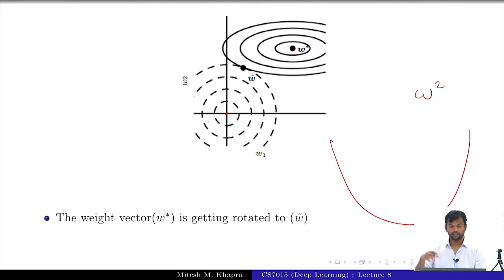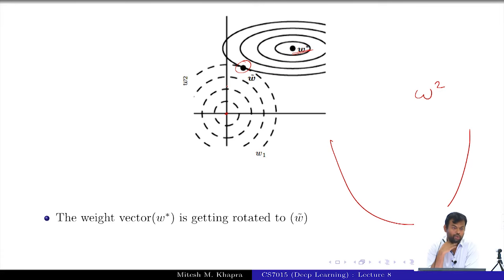Now, what is happening? This was the solution without regularization, and now this is W tilde, which is the solution with regularization. Can you make some commentary on this, with respect to the things that we saw in the derivation?